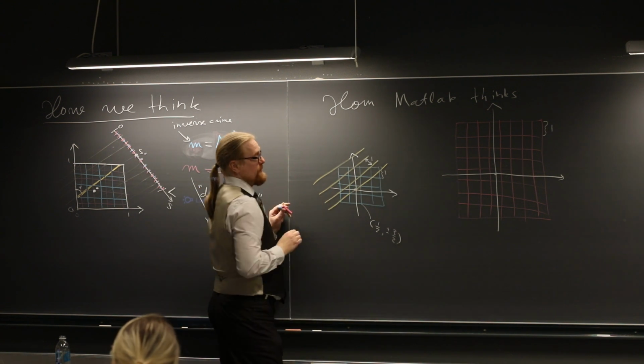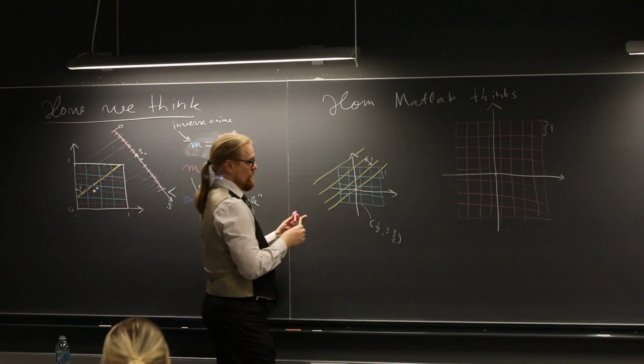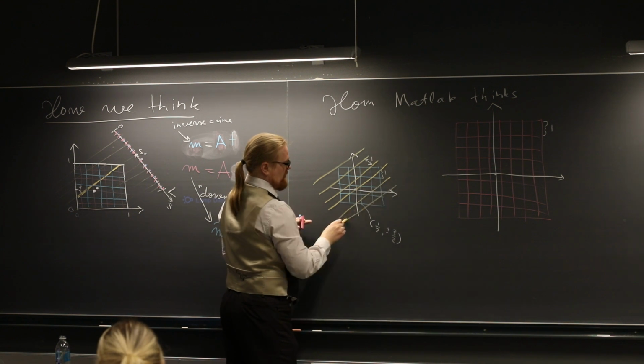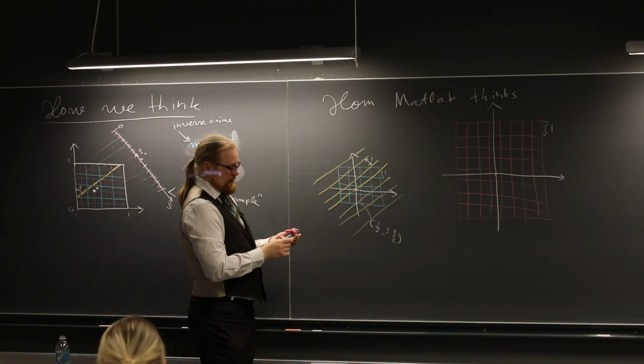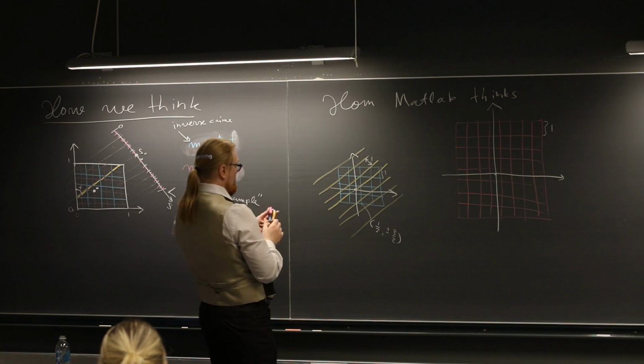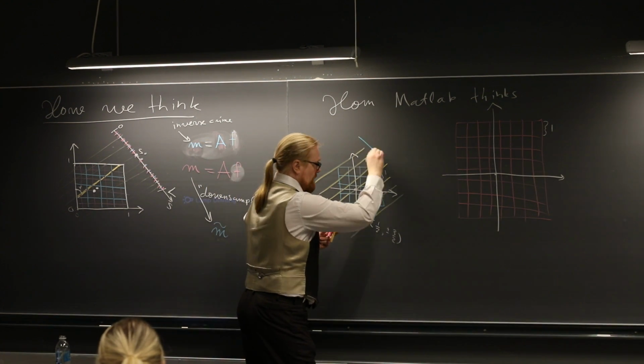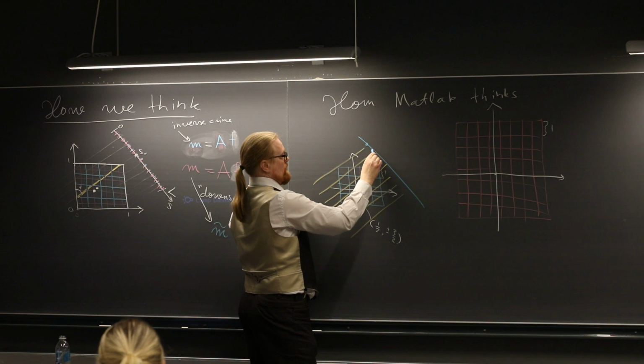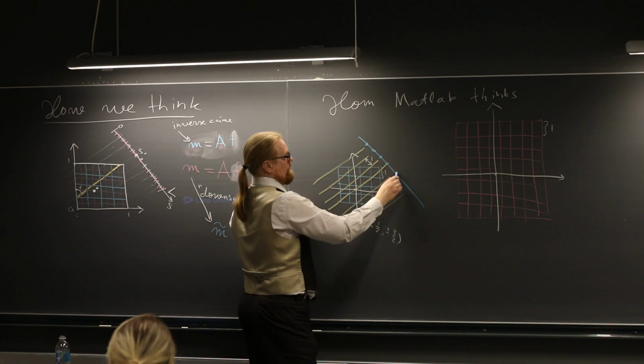So this is 1, the distance between them. Like this. So we have here a blue detector with points like this.